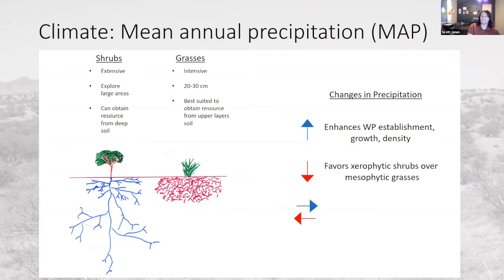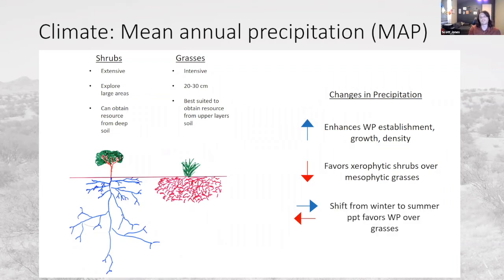Contrary to that, if you decrease precipitation, you also see an increase in shrubs, especially the larger ones that have deeper access to lower water resources. They're more resistant to drought, and they will be able to access water when the grasses cannot.